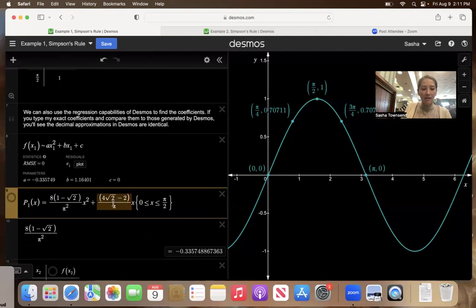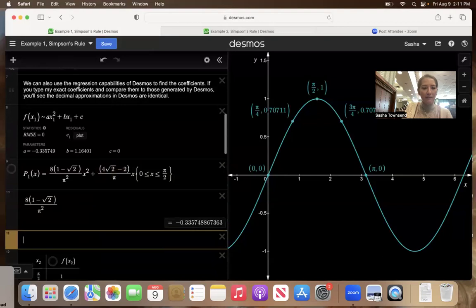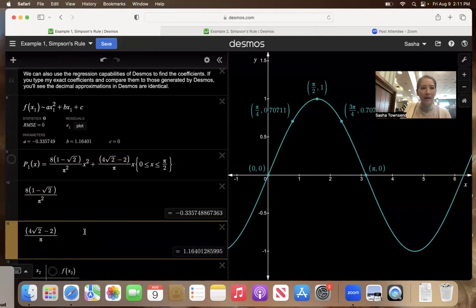And then my b value was 4 times the square root of 2 minus 2 divided by pi. And that is the same as the value calculated by Desmos. So we can use Desmos's coefficients, and that's going to give us the right polynomial. But I actually solved a system of 3 equations and 3 unknowns, and we're going to do that in just a second so we can find that polynomial.